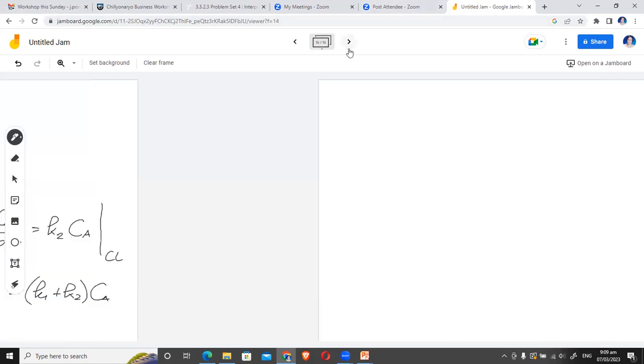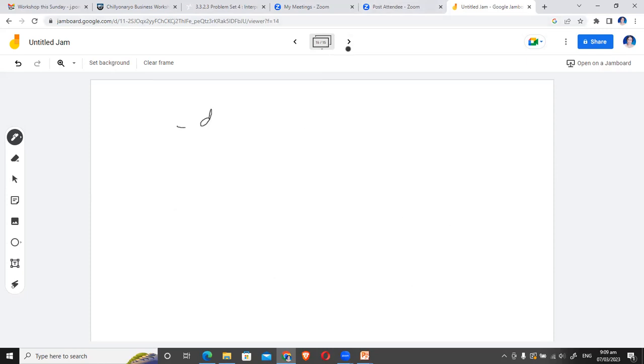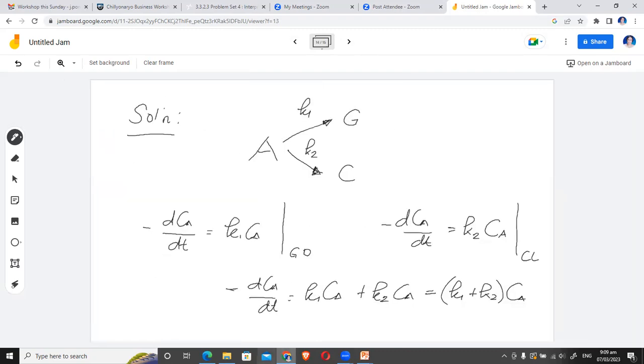Then what do we do? Negative dCA over CA is equal to, I'm writing this one, we have derived this actually. I'll transfer it here.